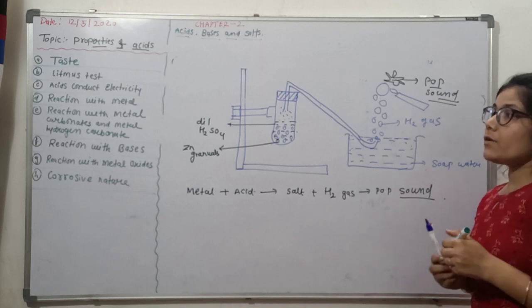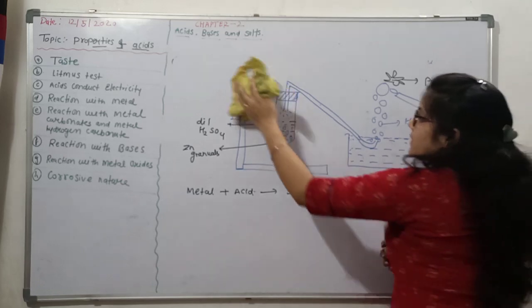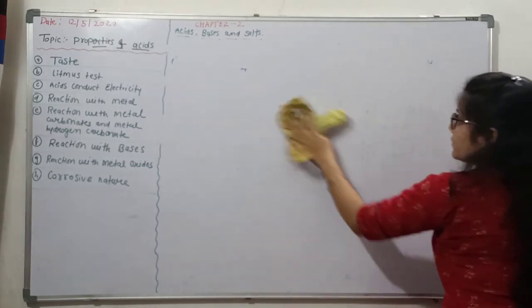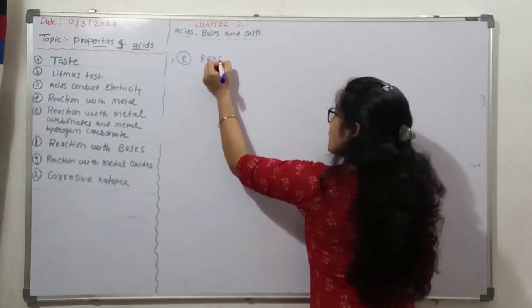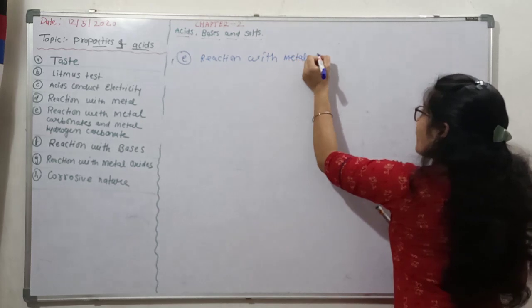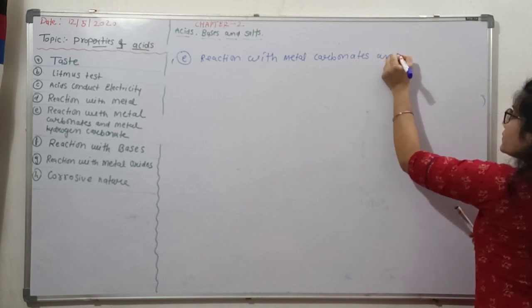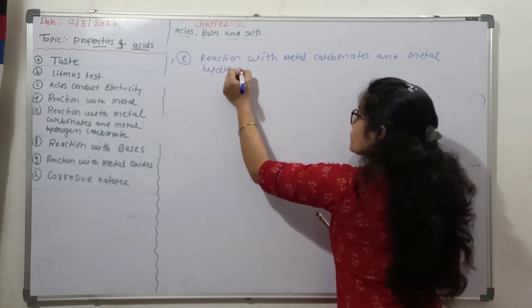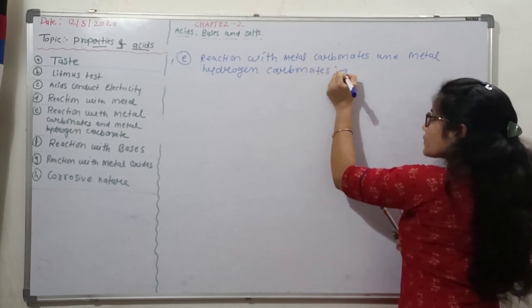Now moving ahead, the fifth property of acid, which is reaction with metal carbonates and metal hydrogen carbonates.